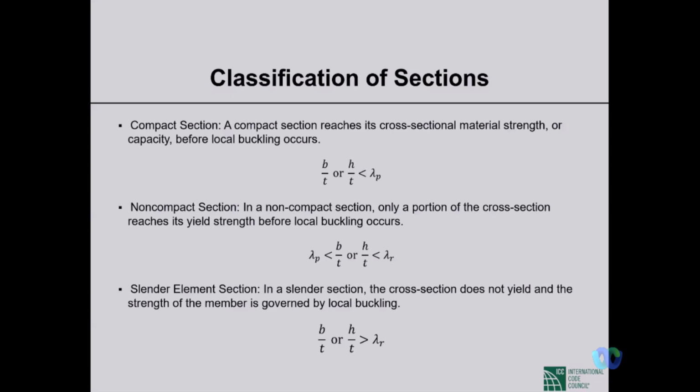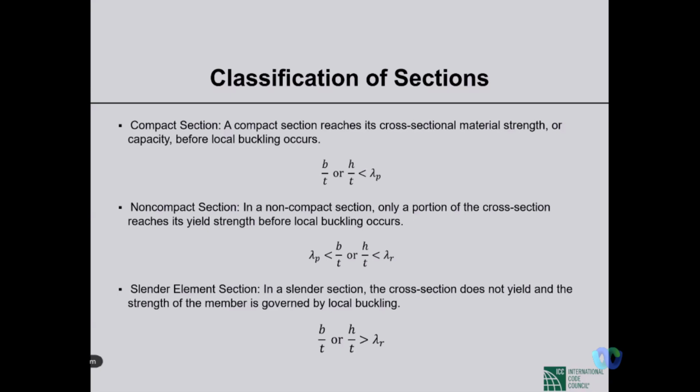They don't tend to buckle. They will experience yielding; that is, the yield stress sigma y will be reached much before the critical Euler buckling stress. Not only that, the whole section will yield first before it buckles. So that is compact section.